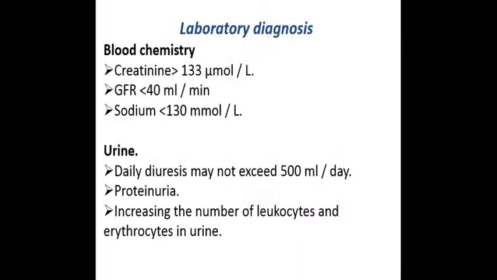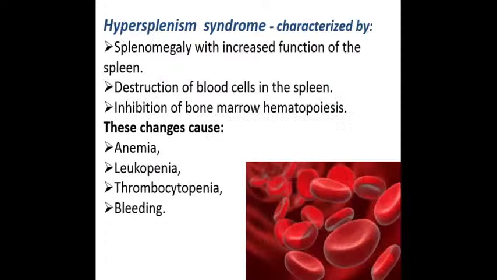If we do laboratory examination, creatinine increases more than 133 micromole per liter, glomerular filtration decreases and sodium decreases. In urine, we can determine oliguria, proteinuria, and many different blood cells in the urine.